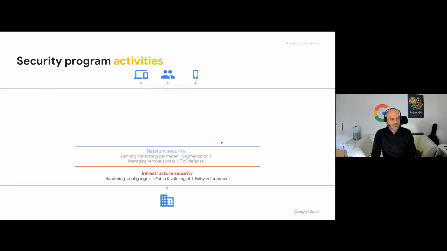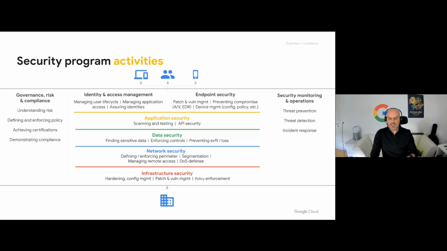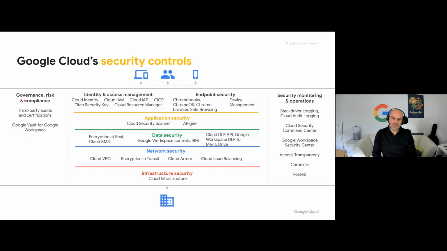I'm not walking you through everything, but you see, obviously, security has lots of layers, lots of aspects you need to look at, from the infrastructure to the network, to the data, to the application security, identity access management, endpoint security, monitoring, compliance and governance, etc. These are hints that we are providing solutions or approaches in every one of those areas.